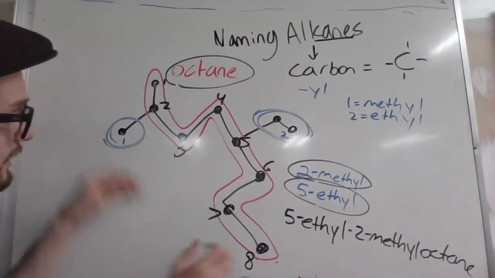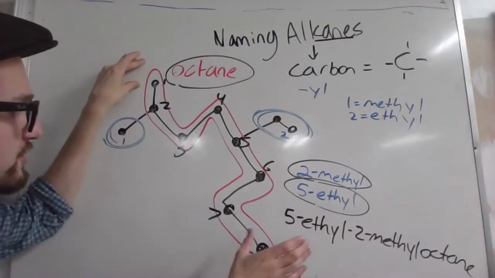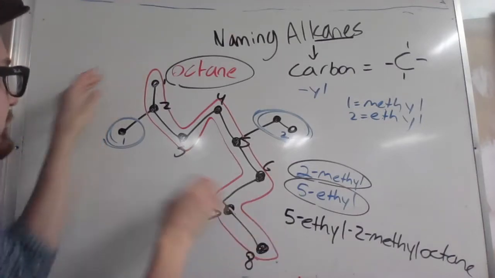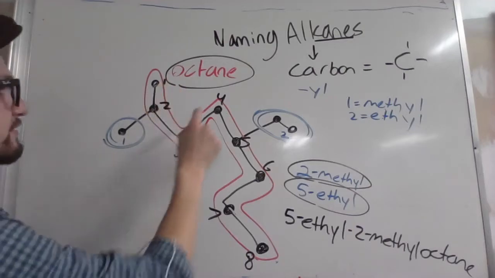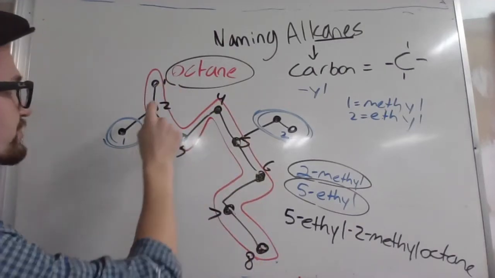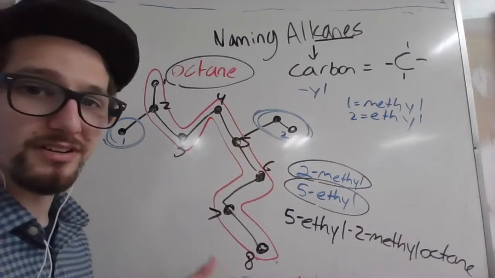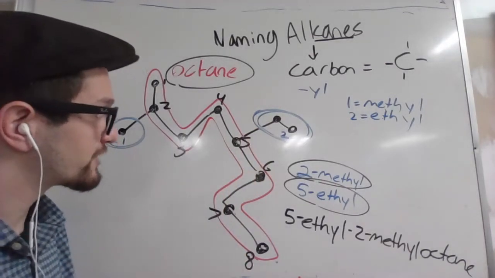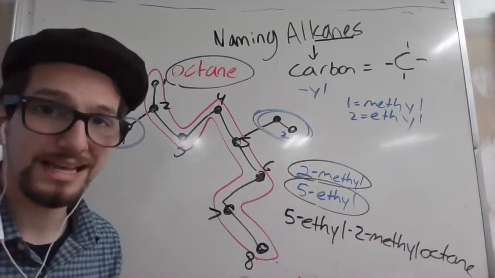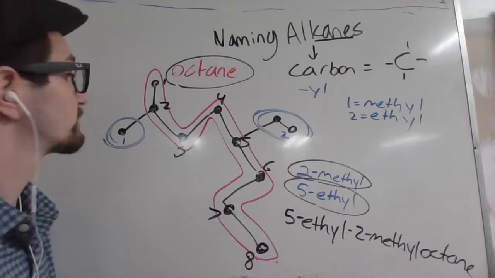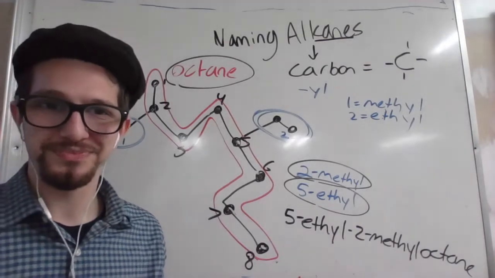Well, if I count 1 through 8 from the left to the right or from the right to the left based on where it's busiest, on the left, so I start with 1, 2, 3, 4, 5, 6, 7, 8. My methyl group is on carbon number 2, and my ethyl group is on carbon number 5. Then, to put it all together for my name of my final compound, I just put them in alphabetical order, and I am done. I hope this helps clarify stuff.